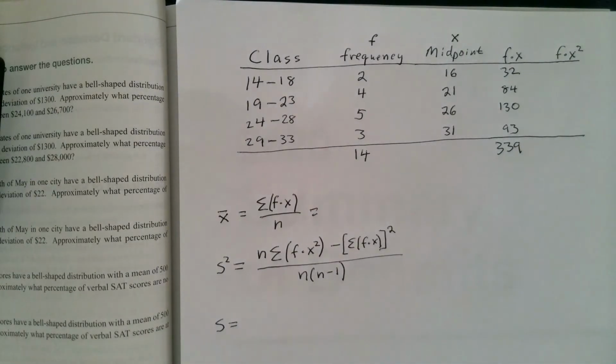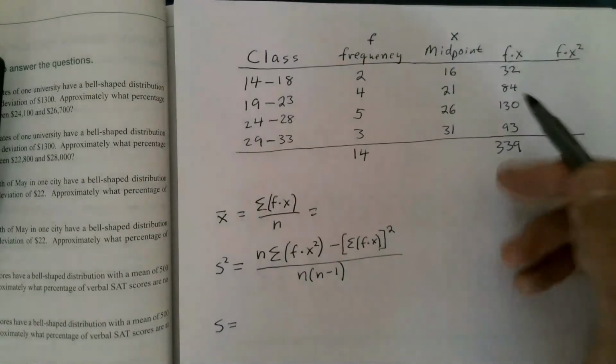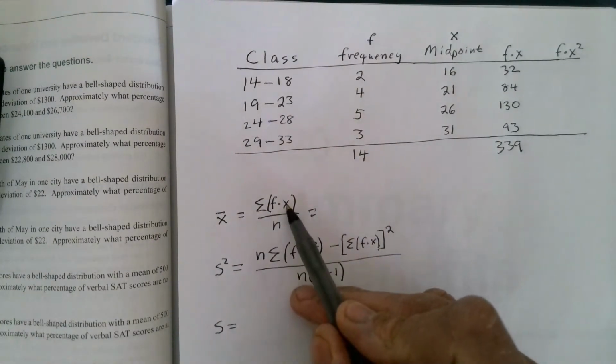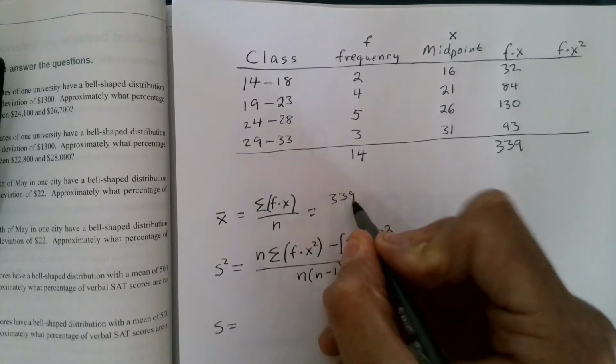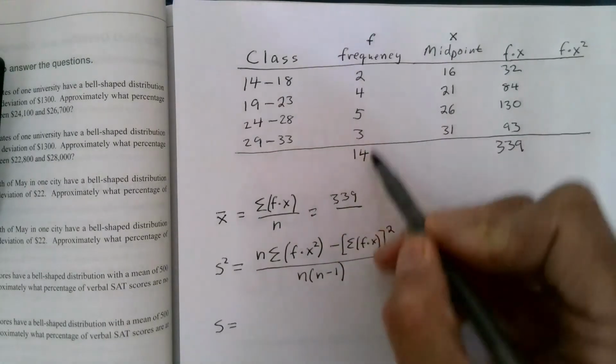So the mean will be the sum of the product of F times X, which is 339, divided by N, the sum of the frequencies.